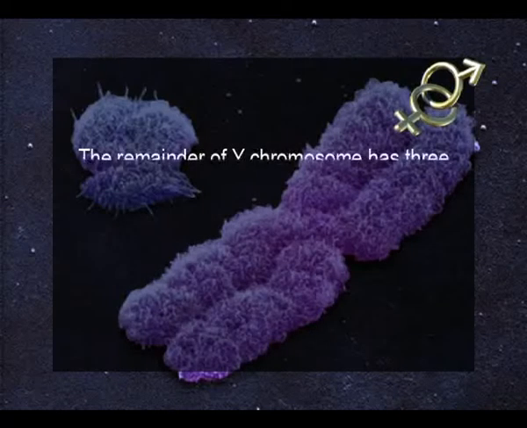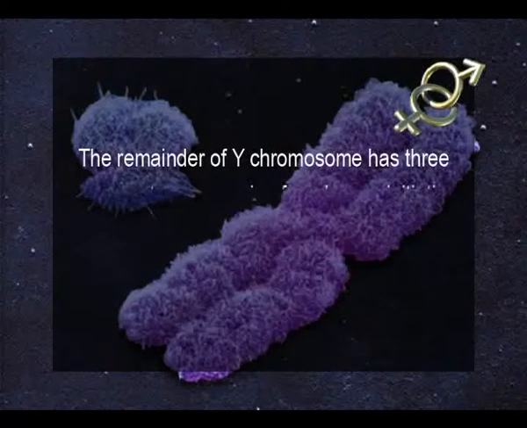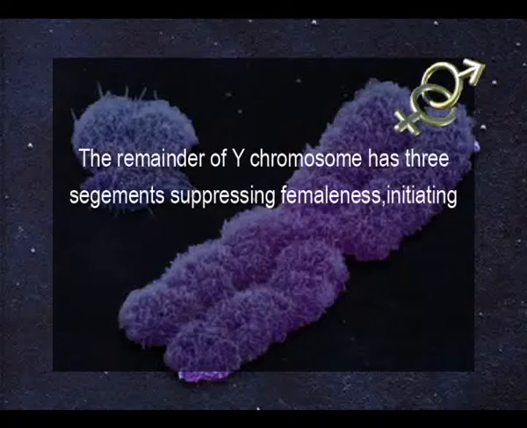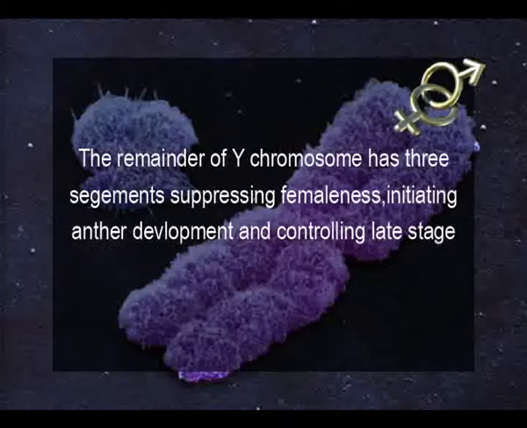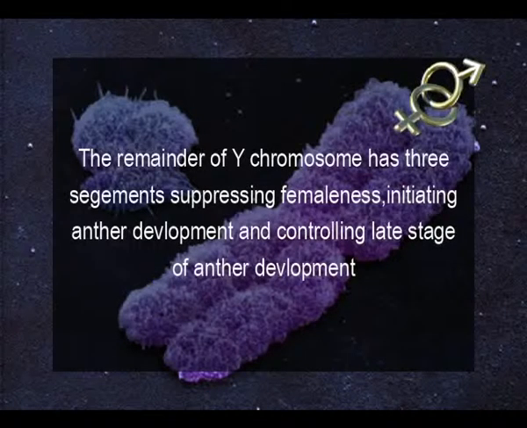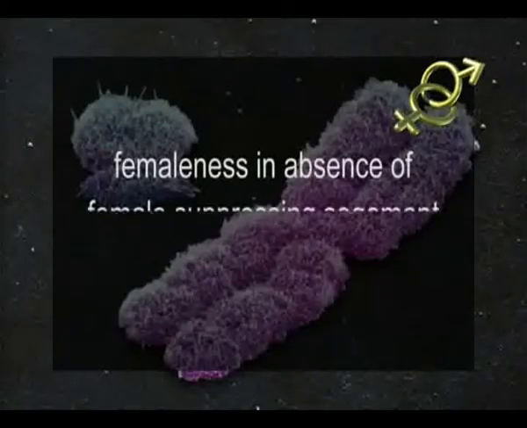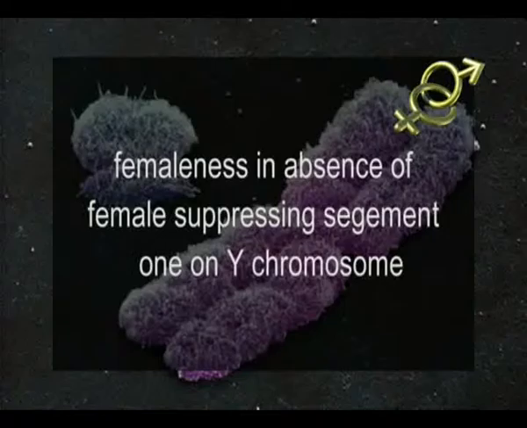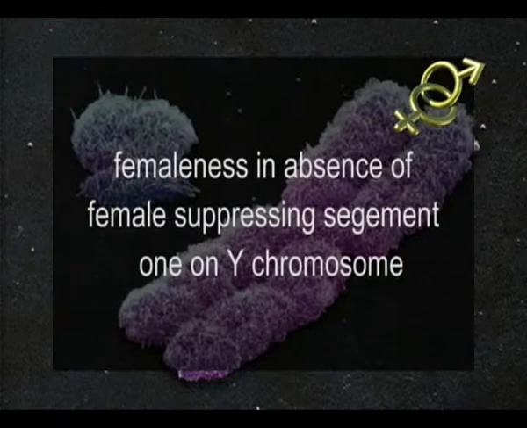The remainder of the Y chromosome has 3 segments suppressing femaleness, initiating anther development and controlling late stage of anther development. The X chromosome has a differential segment 5 which promotes femaleness in absence of the female suppressing segment 1 on the Y chromosome.